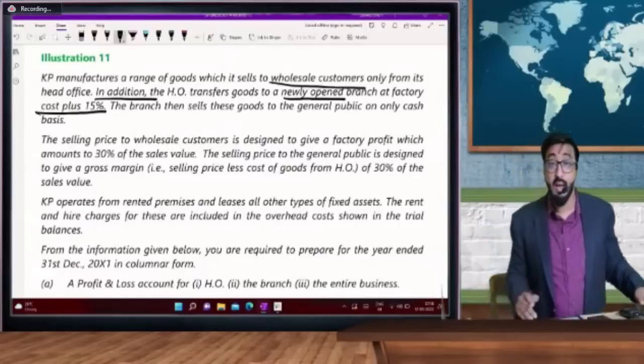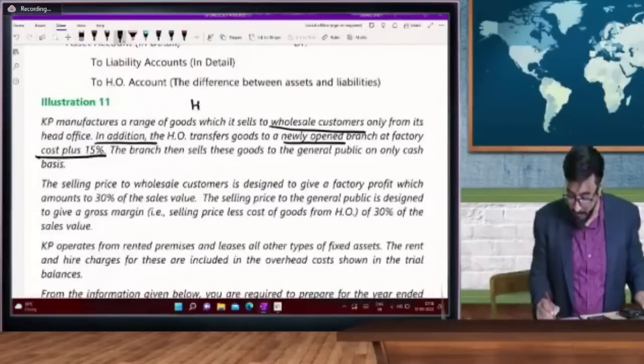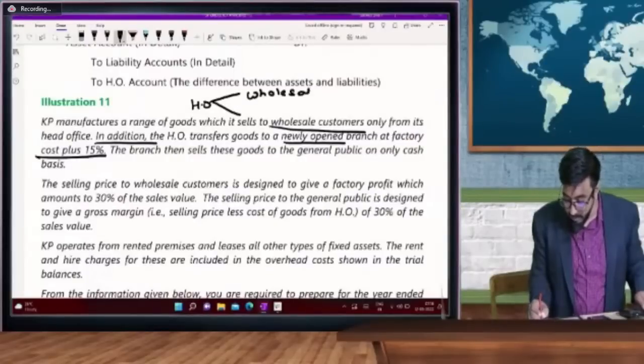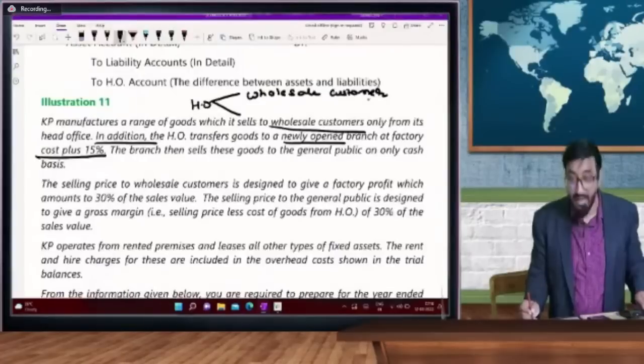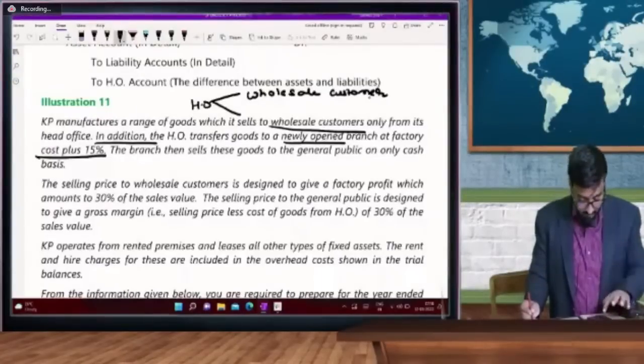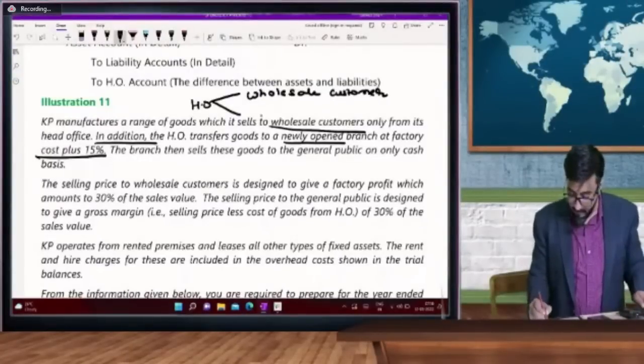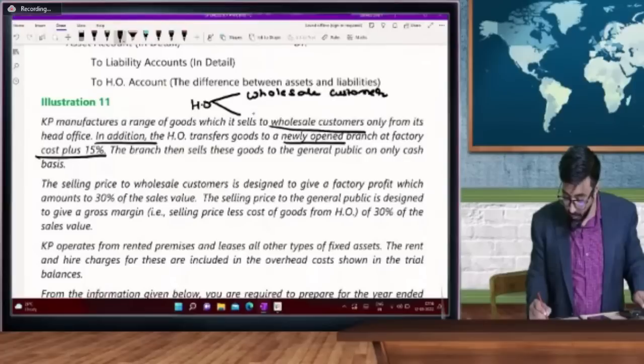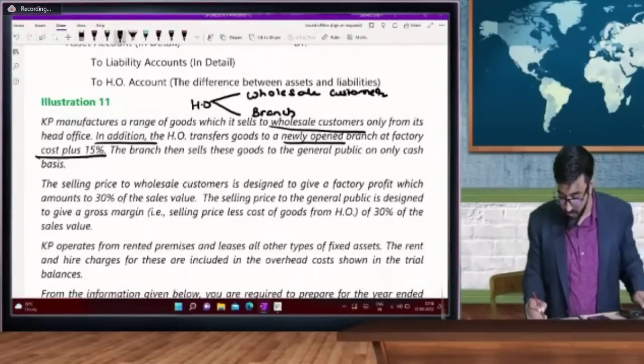So there are two customers. Head office has two customers: one wholesale customer and second one the newly opened branch.